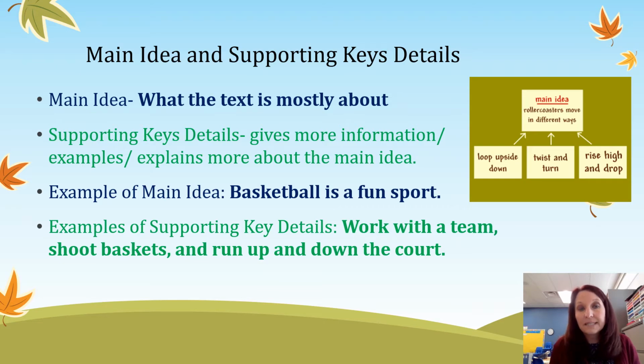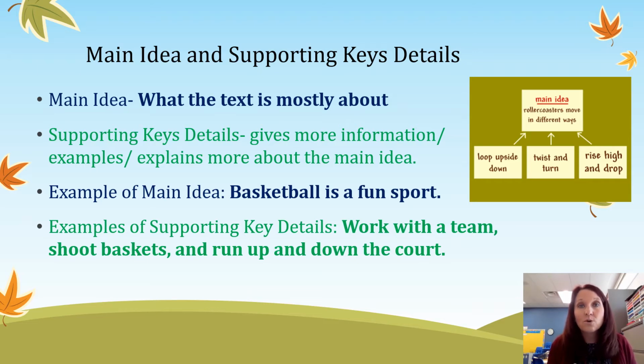So here are some examples of supporting key details. In the text, maybe it said you work with a team, and that's fun to do. It may say that you shoot baskets in basketball, and that's fun. And it might also have said something about running up and down the court being fun. So those would just be more examples of why basketball is a fun sport.